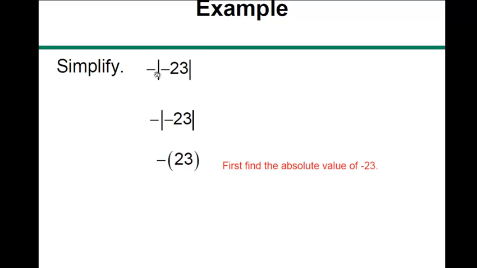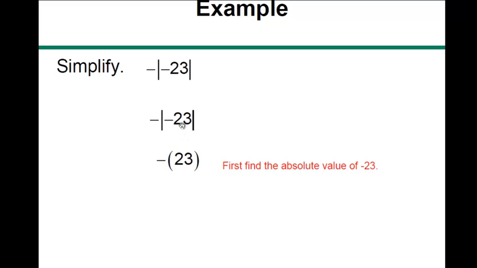Let's look at this one. Negative absolute value of negative 23. Okay. Well, we got to do some figuring first. First of all, what's the absolute value of negative 23? Well, I have it here. It's 23. Notice this negative sign here is carried down.